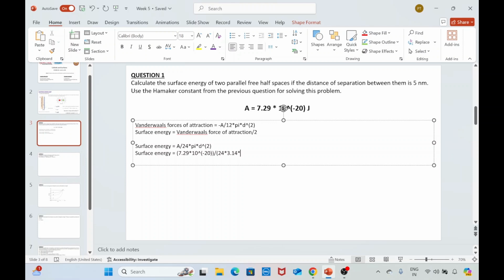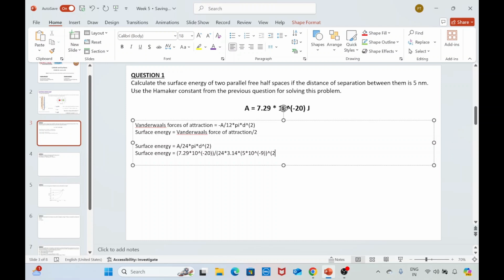So d is nothing but your separation distance, that is 5 nanometers. I am expressing nanometers in terms of meters, so that would be 10 power minus 9, the whole square.